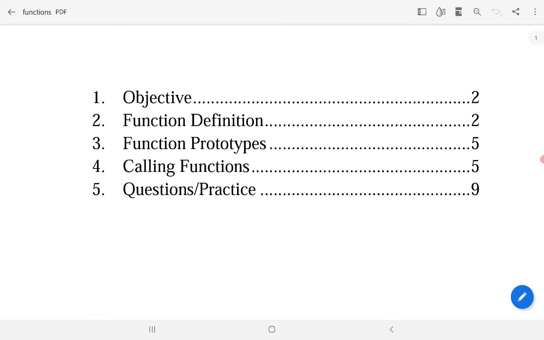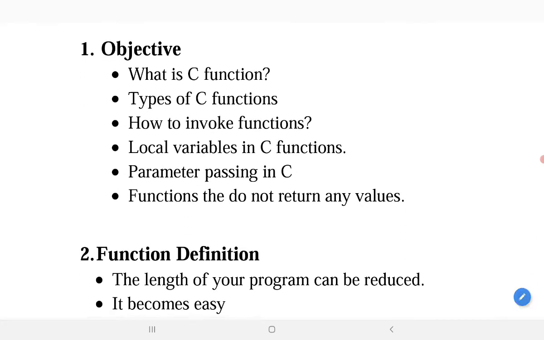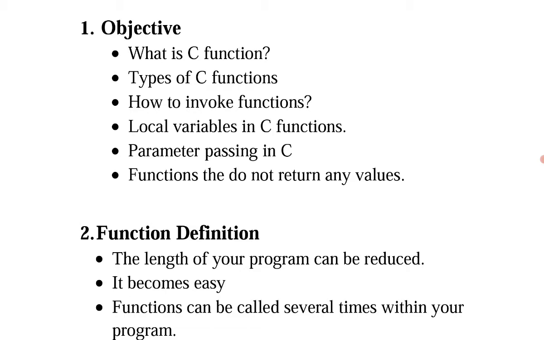The objectives of this PPT are function definition, function prototypes, calling functions, like that. What is a function, what is a C function, what are the different types of C functions, how to invoke or call functions, local variables in C functions, parameter passing in C, and functions that do not return any values.